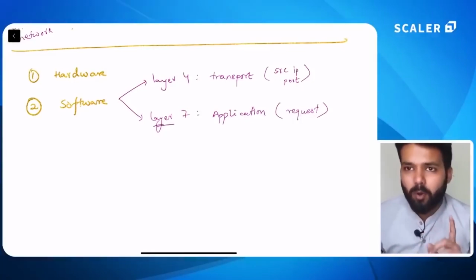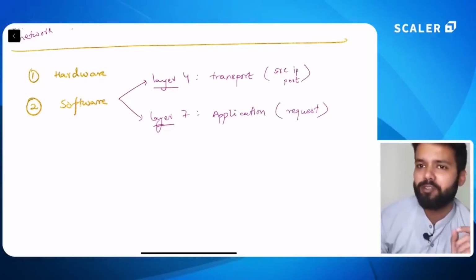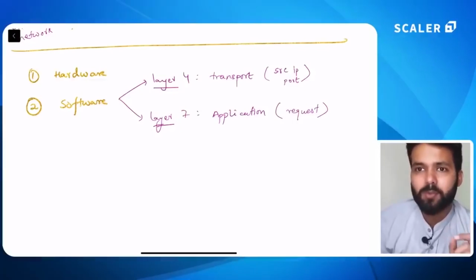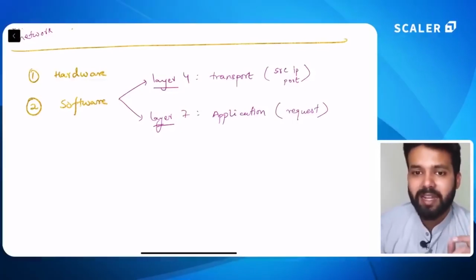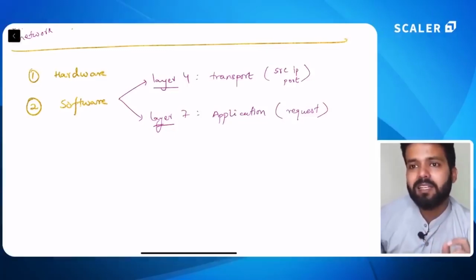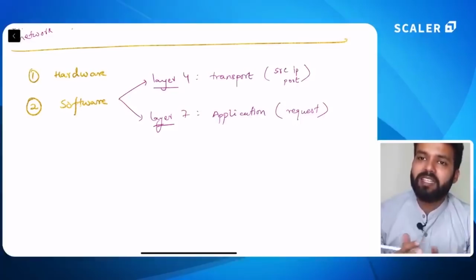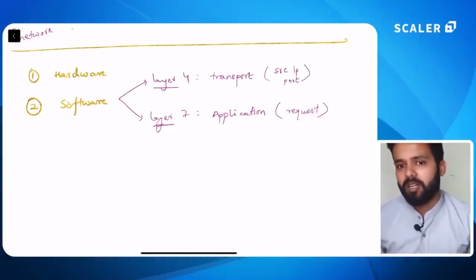However, there is one more distinction why you should still use layer 4 in some cases: in layer 4 we are exposing only minimal information to the load balancer. We are only exposing the source IP address and nothing else. Hence, layer 4 load balancers are slightly more secure as compared to layer 7, where we could extract the entire information about an incoming request.